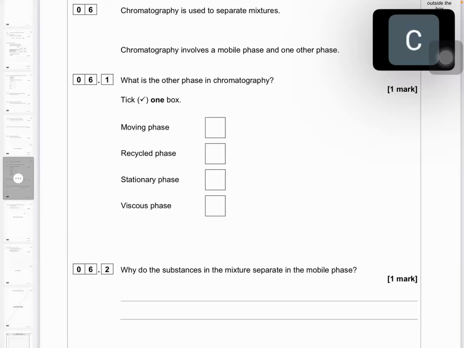It says moves at a different speed, have different solubilities. Yes, exactly. That's what I was talking about when I said in the solvent that the filter paper is dipped in. That's all it says, right? Yeah. Okay, all right, that's fine. So I think we pretty much covered it.